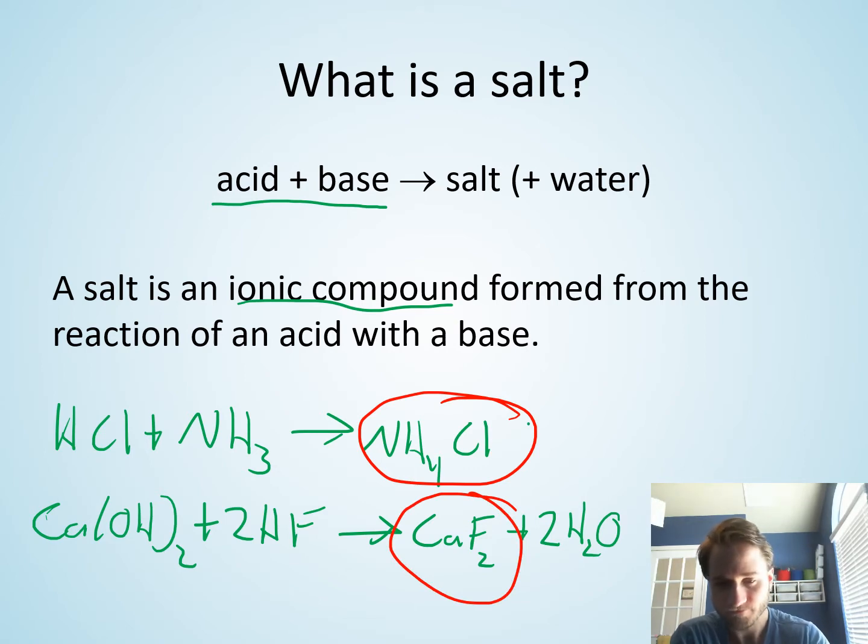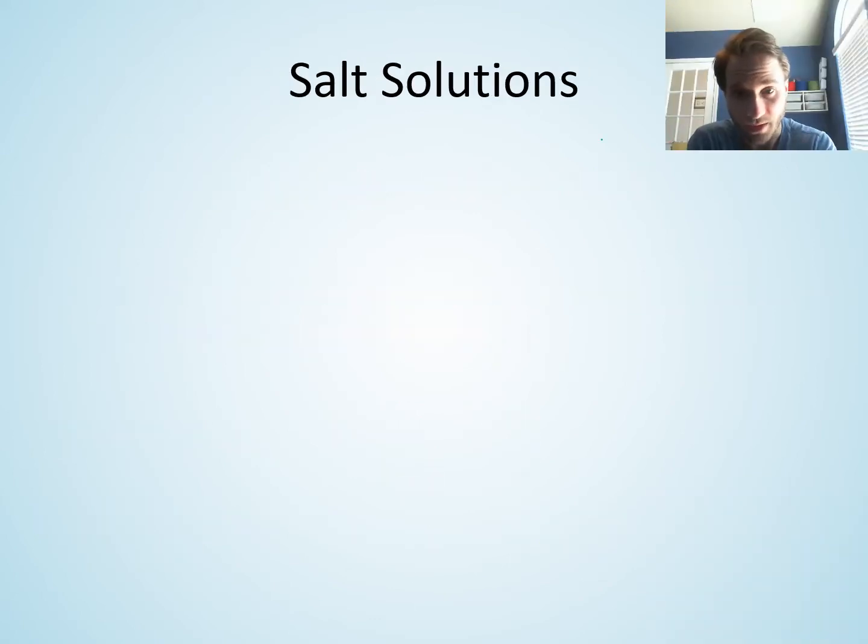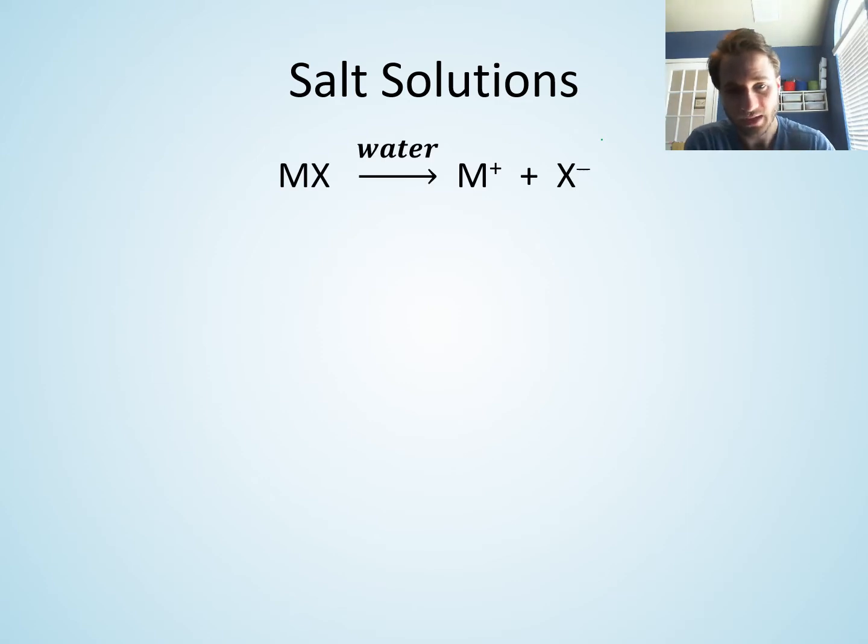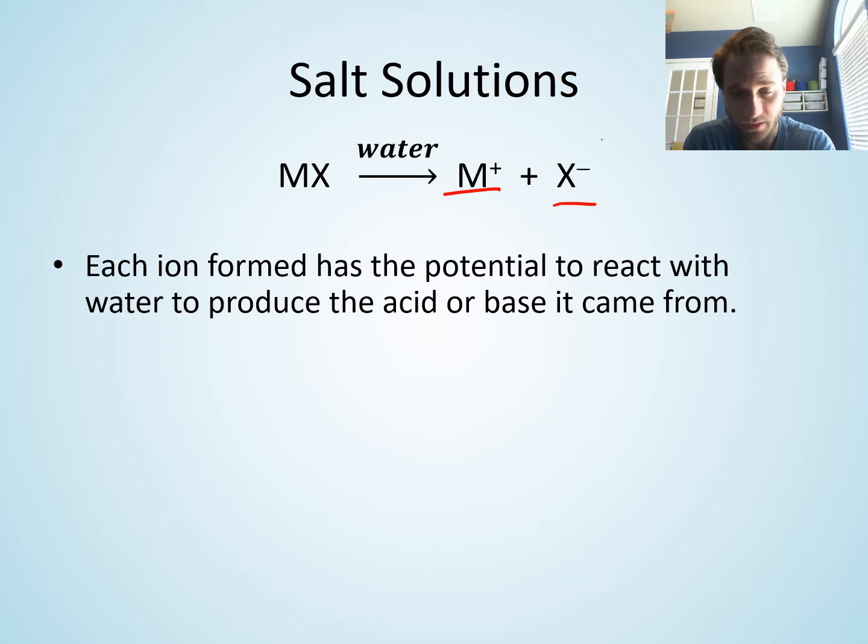Acid-base reactions will often form salts in solution, and those salts can end up changing the pH of your solution. So how do they do that? How does a salt solution affect the pH? A salt has some cation and some anion. I'm going to just call them M+ and X-. They get formed as the salt dissolves in solution.